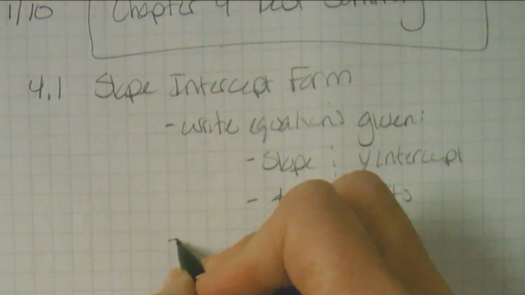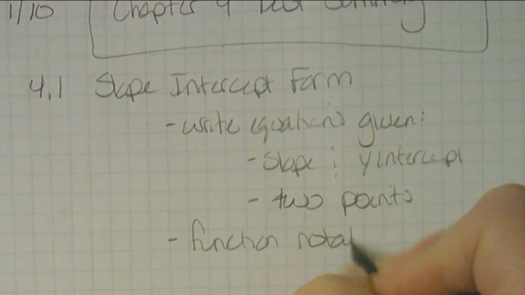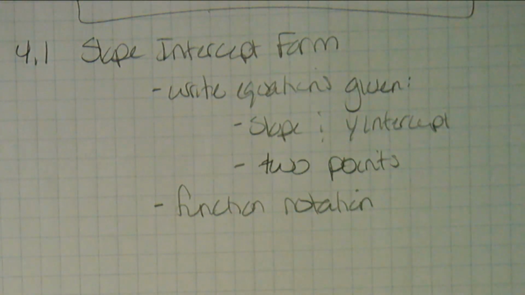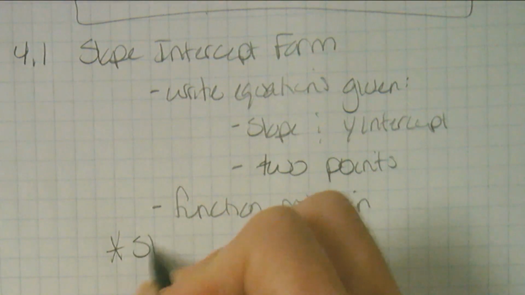All right, we looked at function notation here, just so you recognize what it is. I mean, there's not much you have to do with it, just so you understand what it looks like. All right, and then we had story problem.